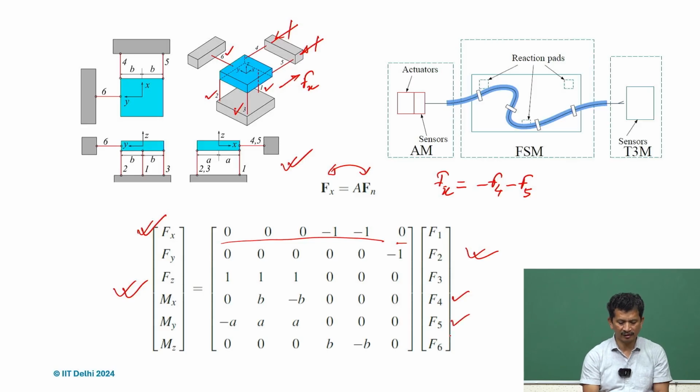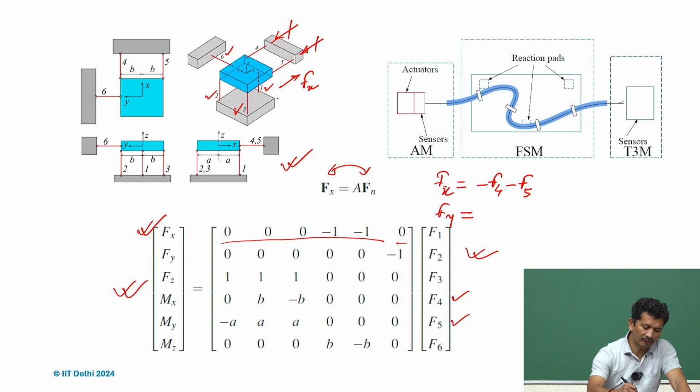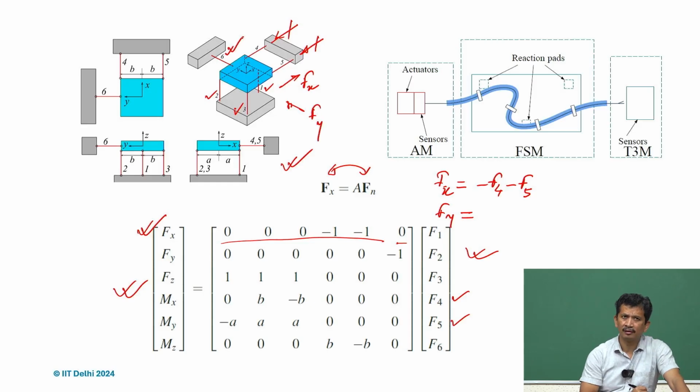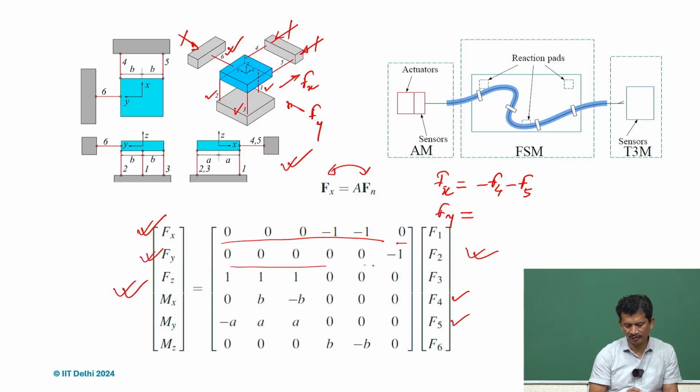Likewise, if I want to write f y, if I apply a force along this direction f y, it will be constrained only by constraint 6, which is again compressive in nature. That is why, for f y, we see only minus f 5.